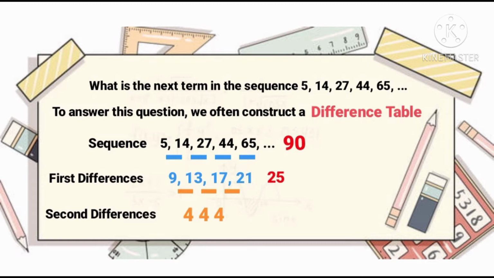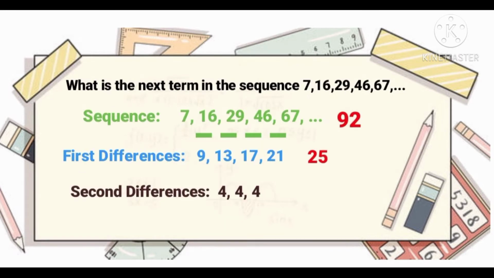At para naman sa ating next step, ipag-a-add lang natin si 21 plus 4 para makuha natin si 25, at 65 plus 25 para makuha natin si 90, which is si 90 yung hinahanap na next number natin para sa ating sequence.